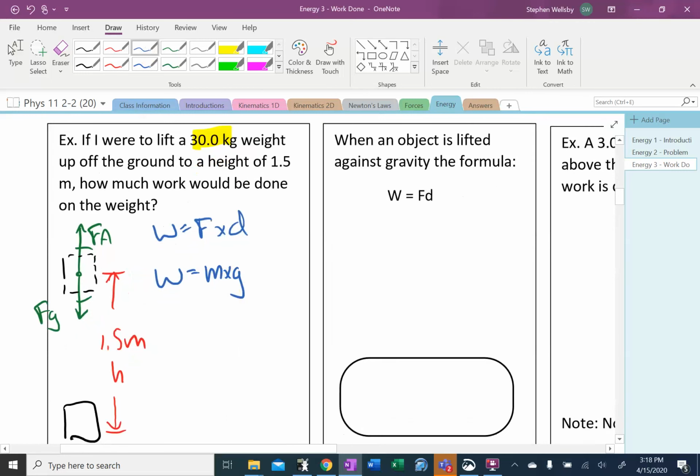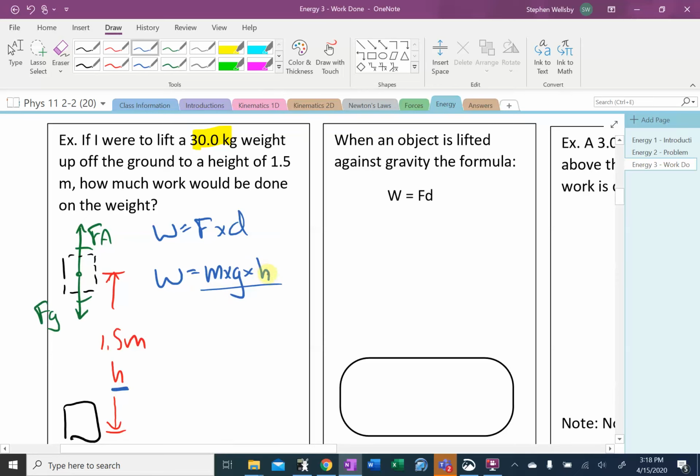That's our force of gravity. And we're going to move it a certain distance, but that distance is this height. So instead of using the letter D, I'm going to use the letter H, because hopefully you're seeing some alarm bells here that this seems very, very familiar. So in other words, the work done is just m times g times h.